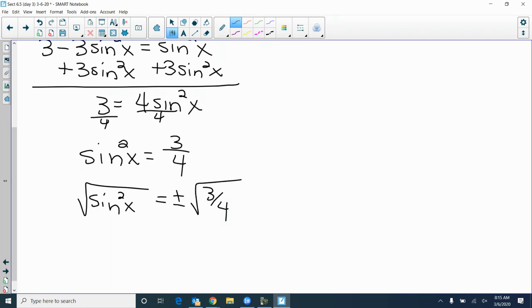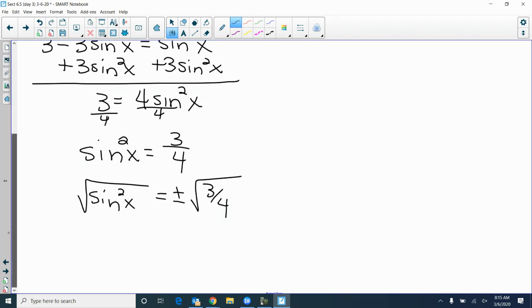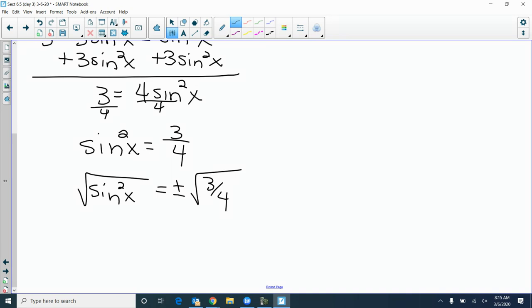When you do that, you get sine of x equals plus or minus square root of 3 over 2. All right, think about those. You've got 4 answers. List them.